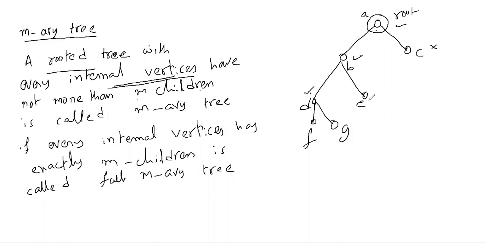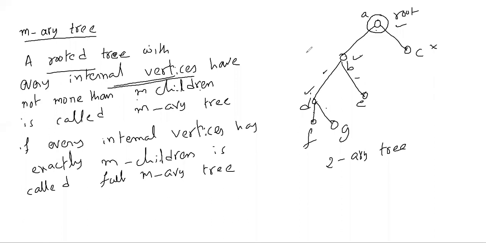E is not an internal vertex. F, G, they don't have children, they are not internal vertices. When you come to the internal vertex A, how many children? Two children. For B, how many children? Two children. For D, how many children? Two children. So therefore this is called a two-ary tree.